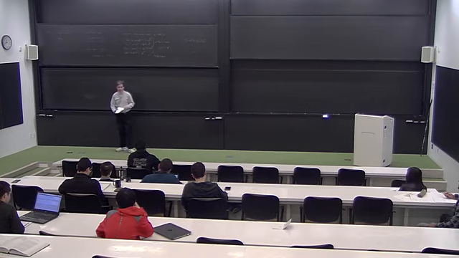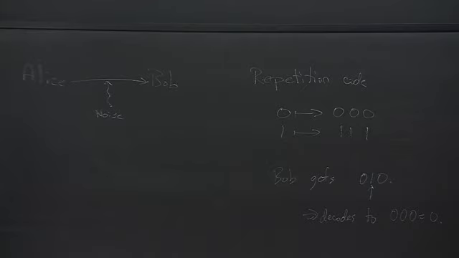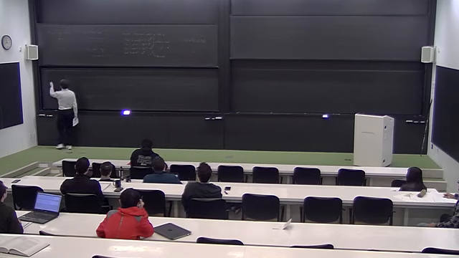So when you start to think about quantum error correction, there's all sorts of problems that crop up if you try to take these classical ideas and apply them. The first one is this no cloning theorem.